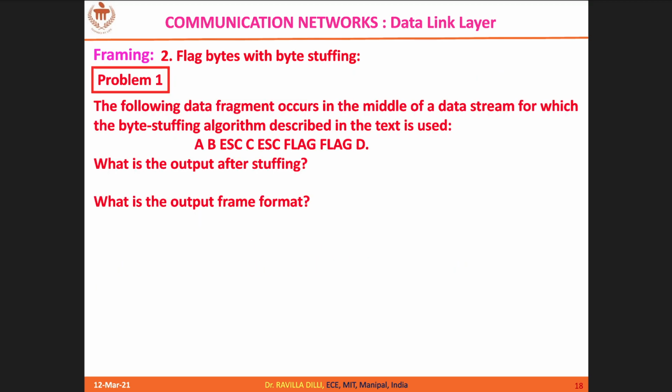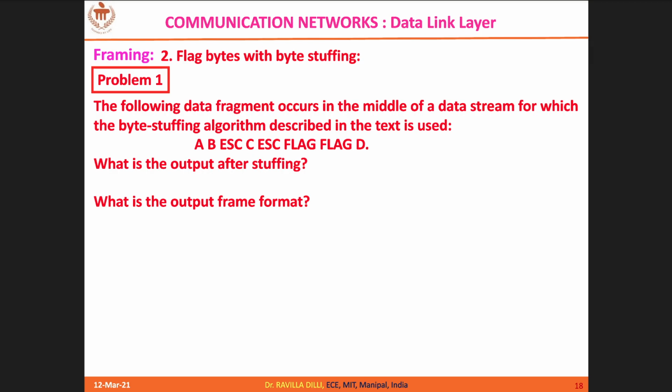Okay, so try to understand this numerical, how to do this. I have data something like this: A, B, escape, C, escape, flag, flag, D. Now what I am asking you is how to perform byte stuffing or character stuffing on this content.